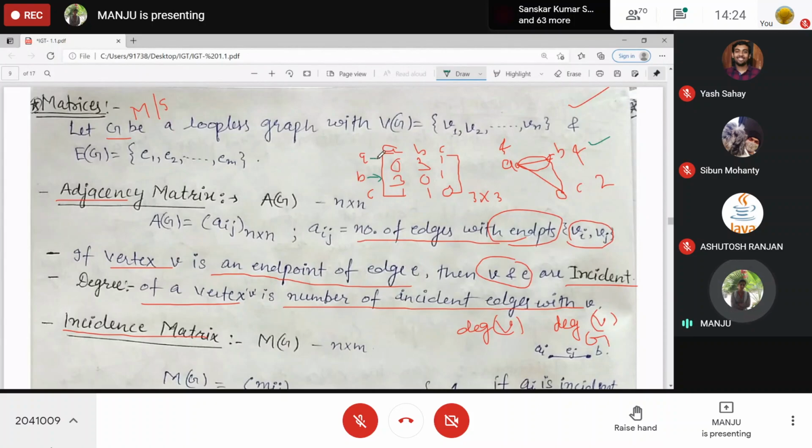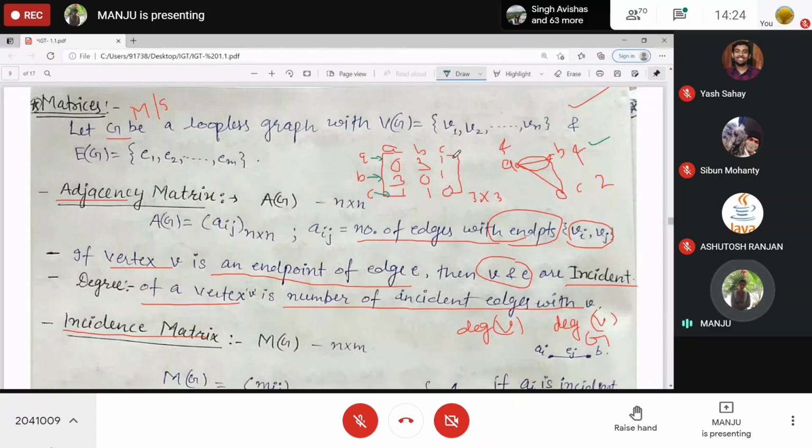Degree of A will be the sum of all the entries in this row. Degree of C will be the sum of all the entries in this row.